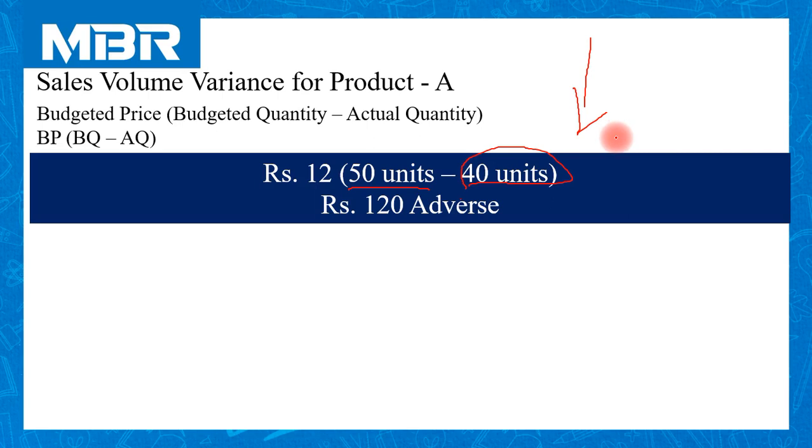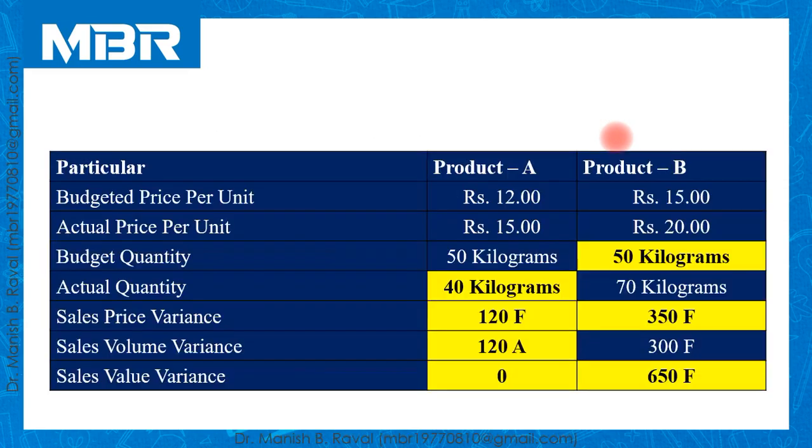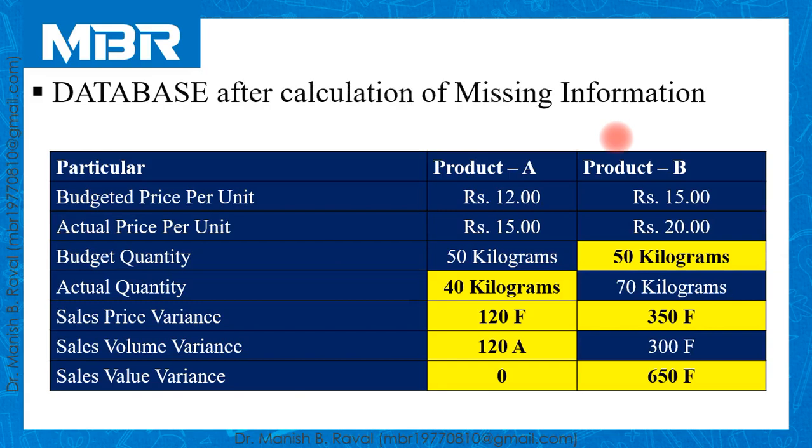With this, our calculation comes to an end, not our answer. As a part of our answer, we need to prepare this table after calculation of missing information. Budgeted quantity 50 kilograms, it was missing.